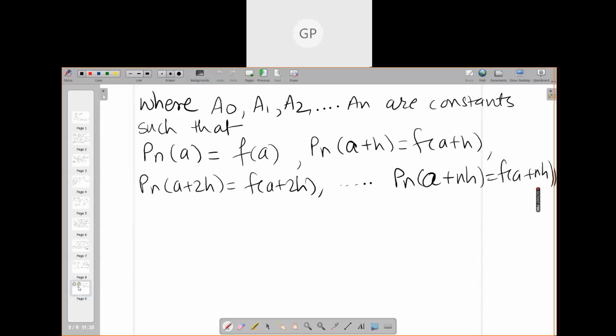So substitute x equal to a in equation 1.